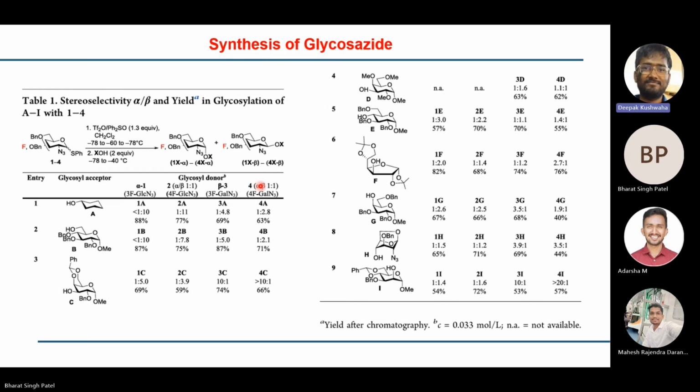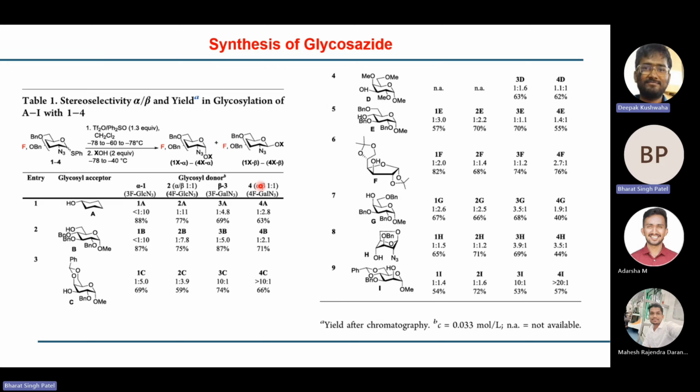So in all these cases, when the acceptor is having the primary OH, they are getting better selectivity in case of galactose. In general, in case of glucose, even though there will be C2 as azide, we get beta more. That is here also we can see. But in case of galactose with C2 azide, then alpha is forming more.